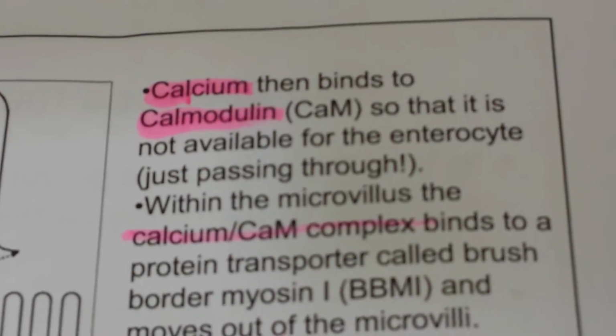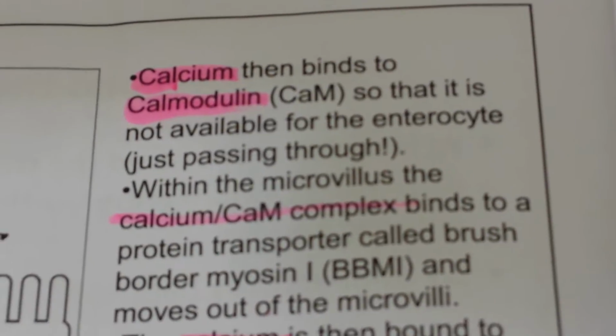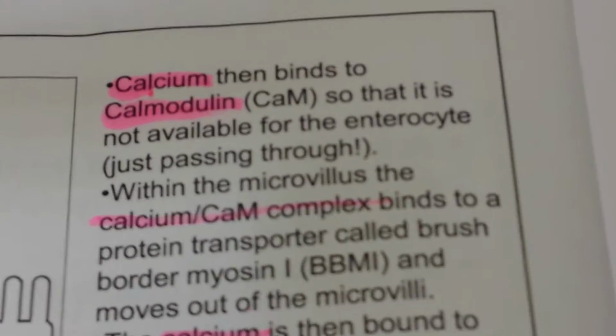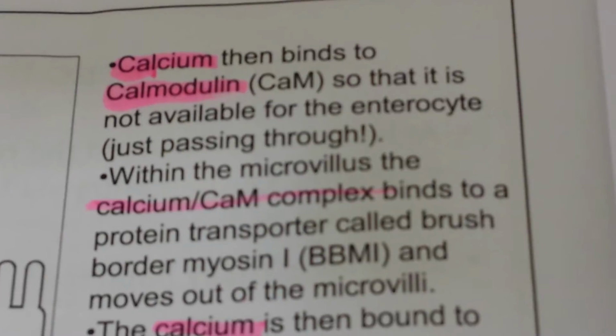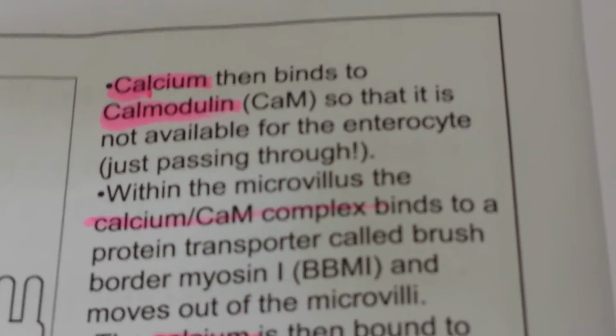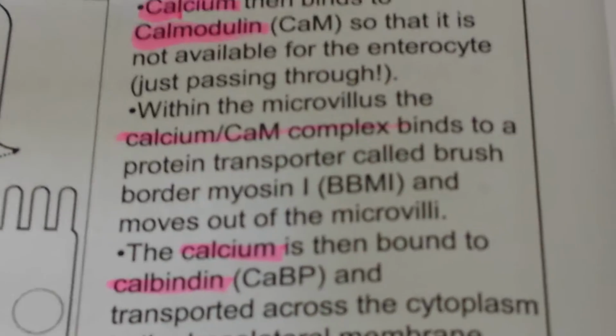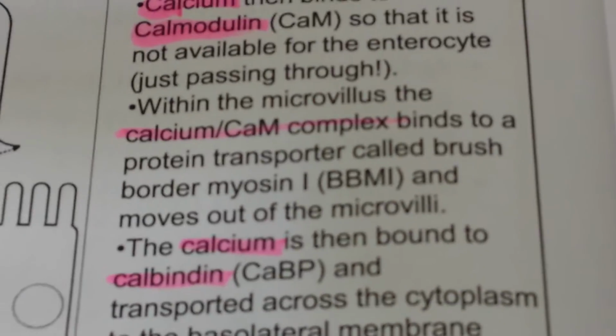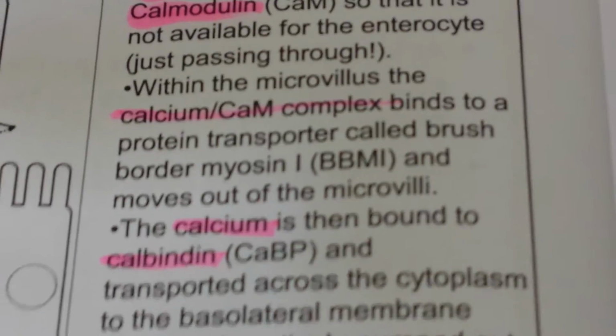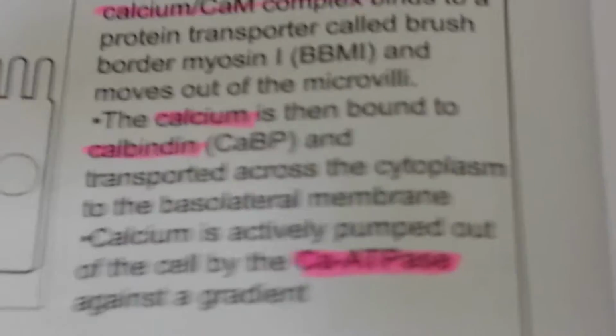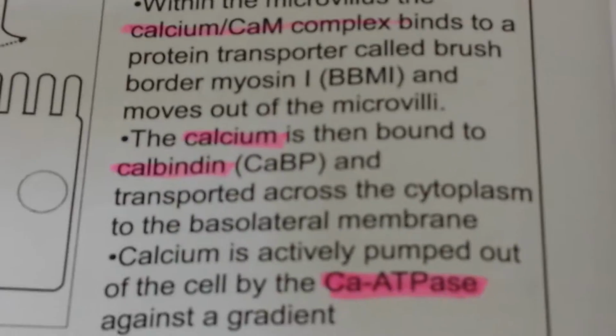Calcium binds with calmodulin so that it is not available for the cell, just passing through. Within the microvillus, the calcium calmodulin complex binds to a protein transporter called brush border myosin 1 and moves out of the microvilli. The calcium is then bound to calbindin and is transported across the basolateral membrane.